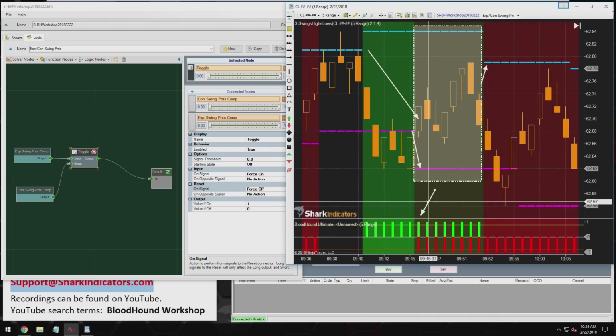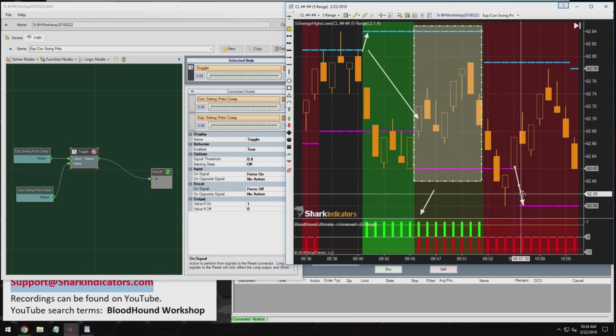Now let's look at the swing lows. Here we have the swing lows expanding. It expands on this bar. And if we look at BloodHound, you can see the short output starts, or turns on. And if we look at the swing lows, they're still expanding.